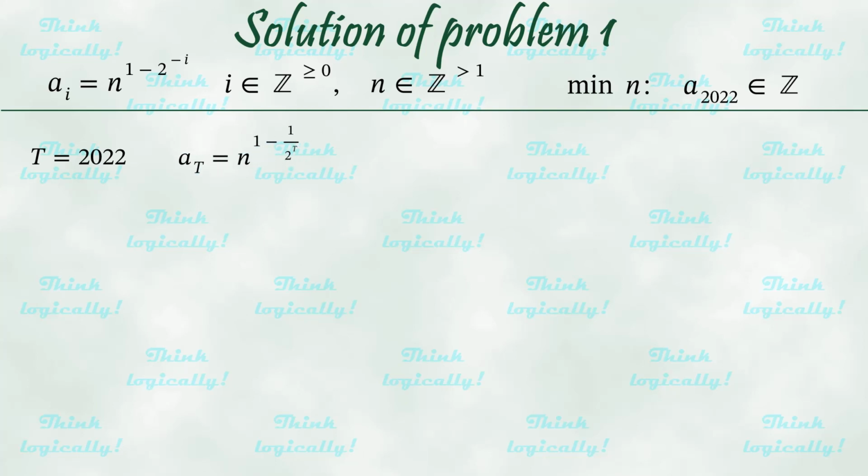Here, instead of 2 to the power of negative t, I used a less fancy expression, 1 divided by 2 to the power of t. Then we reduce the exponent to a common denominator, making it equal to 2 to the power of t minus 1 divided by 2 to the power of t. And the value of a sub t has to be an integer. Try to continue from here.